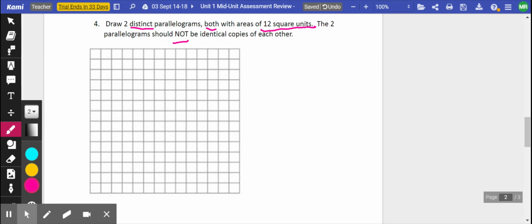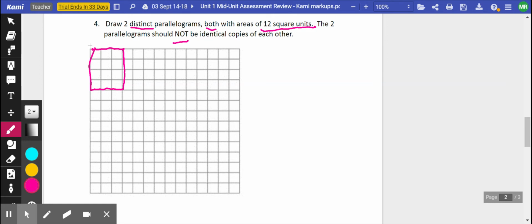We've done the same one. All right, remember that a parallelogram simply needs to have the opposite sides parallel to each other and equal in length, both pairs. So we could have a 3 by 4 rectangle because 3 by 4 will make 12 units.